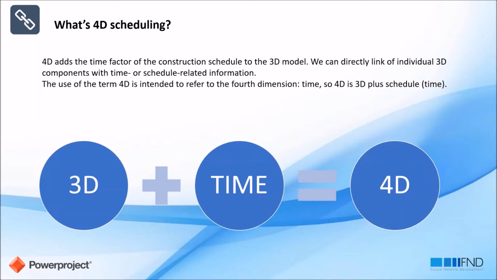If we combine all these factors together, we can directly link particular 3D components, 3D products, with time or schedule related information. And you can see on the screen, 3D plus another factor like time will give us a 4D schedule.